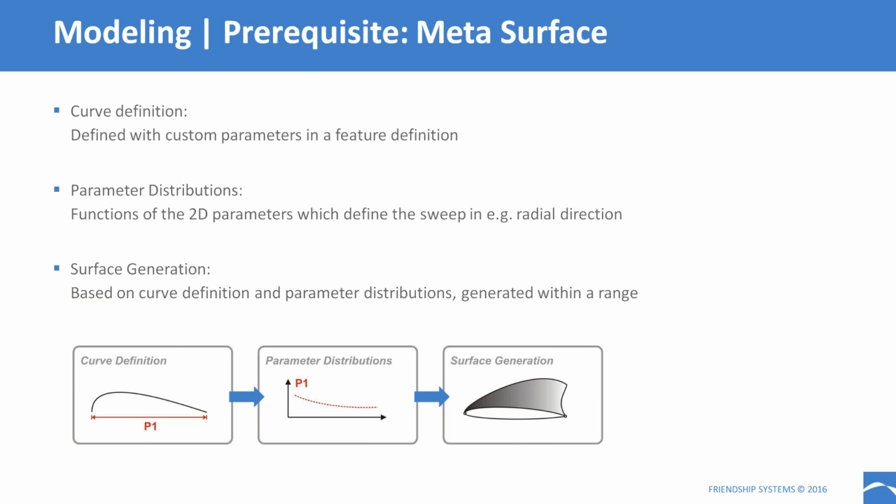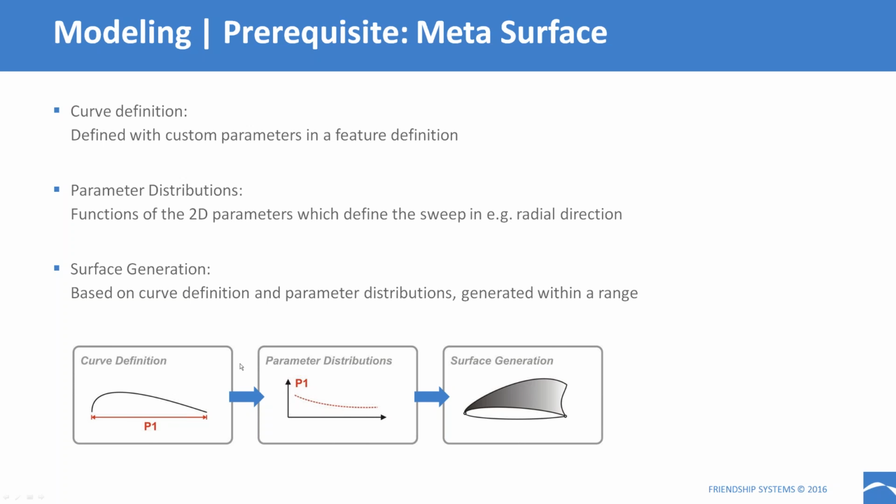In this direction, the values of the cross-section parameters will change. So in the next step, we can set up functions that describe how these parameters change. So for example here, our chord length from the root of the wing to the tip is decreasing.